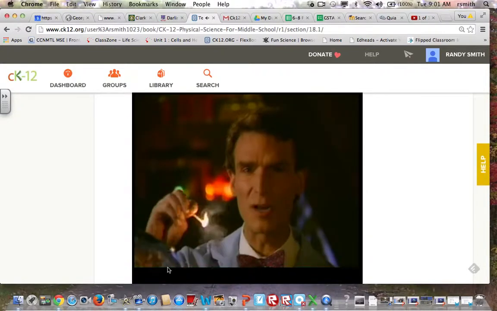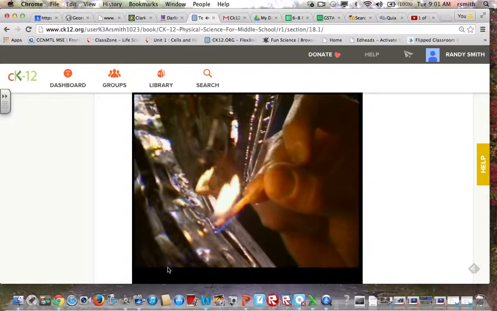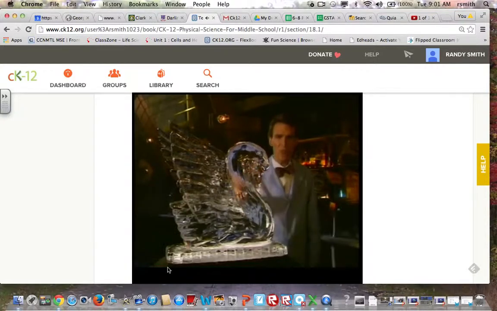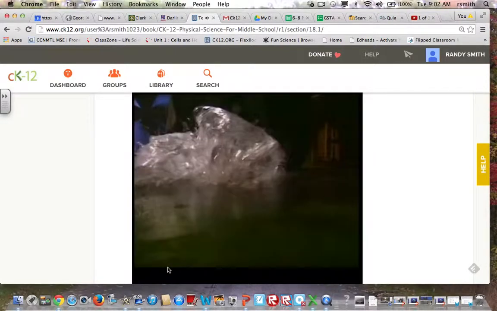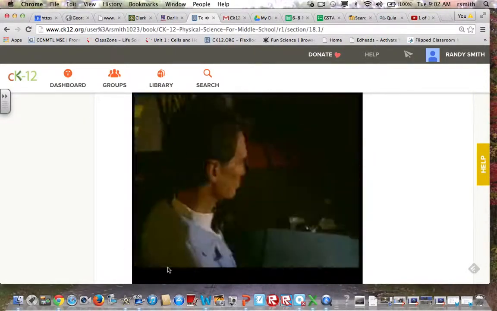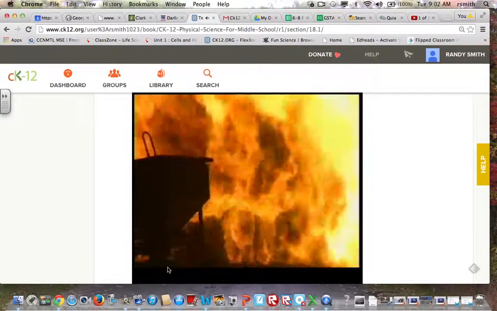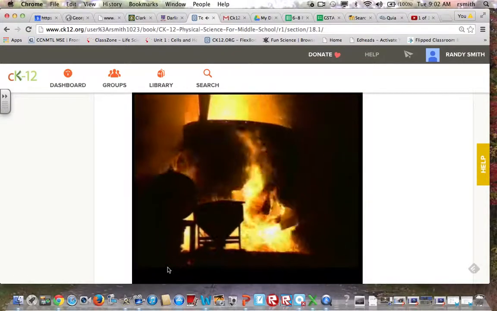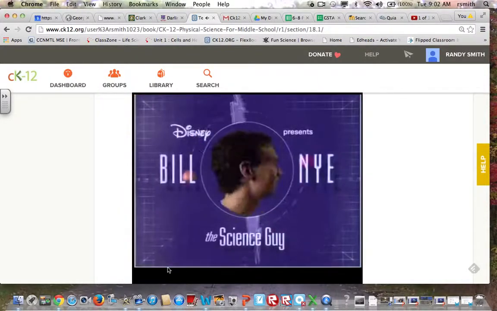Suppose you tried to take a burning match and use it to melt the whole ice sculpture. Well, it's not going to happen, right? The match is going to run out of molecules long before the sculpture. So, more molecules, more heat energy. Ooh, ow, ow! Careful. We broke this one. Bill Nye the Science Guy.